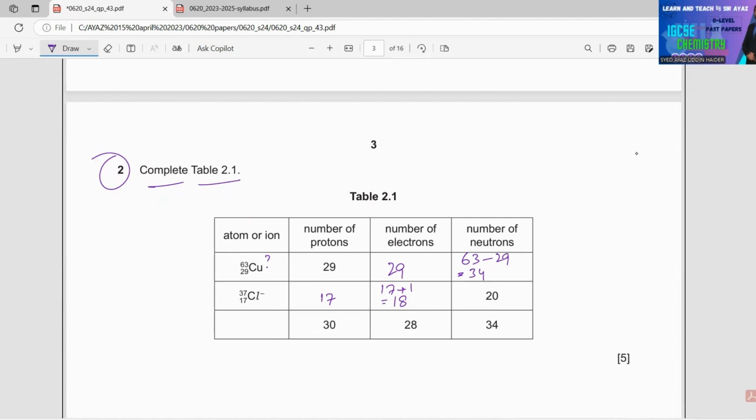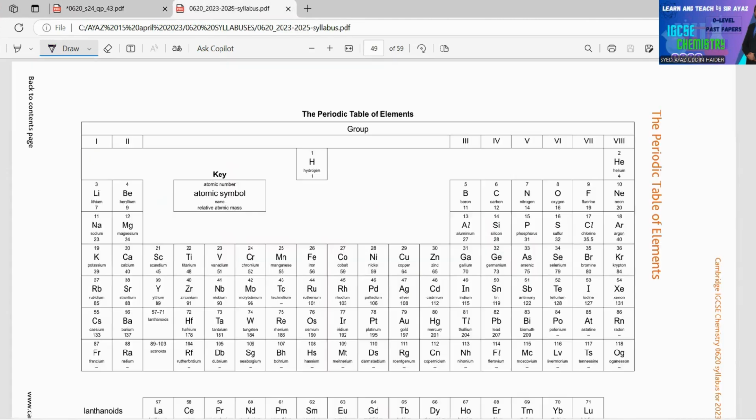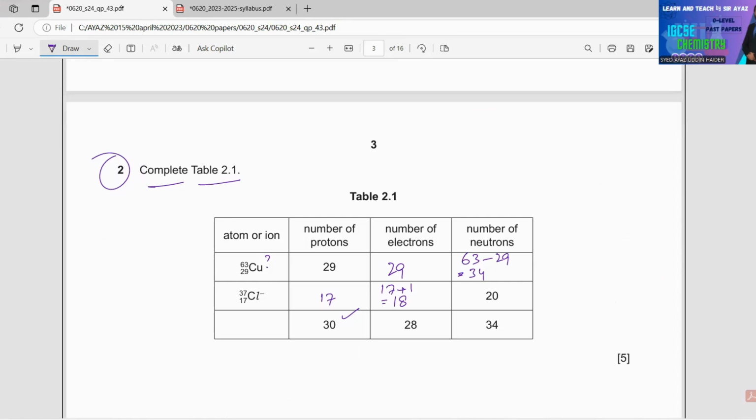Now you have to write the symbol for the atom or ion. From the given set of information, we have number of protons 30. So I'm going to use the periodic table to identify that element. That element is zinc. So the symbol must be Zn. And number of protons is 30, so I will write 30 at the bottom, the base.